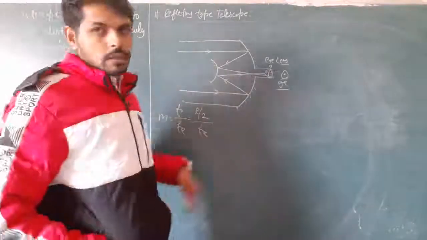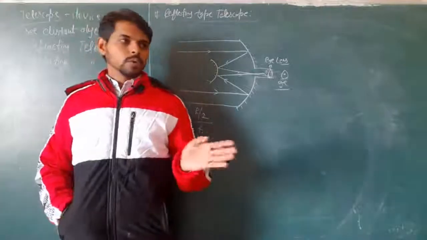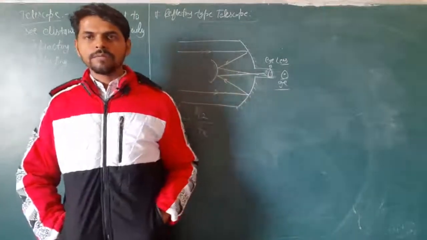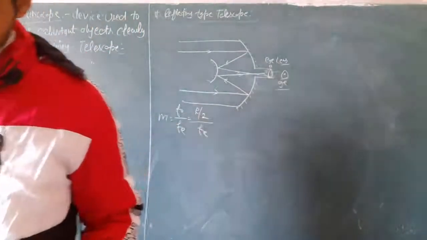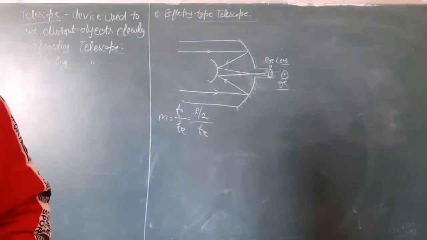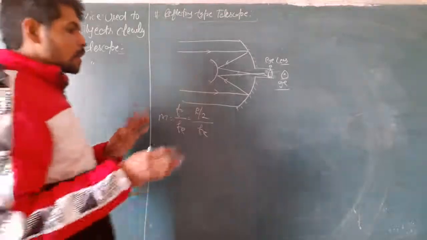Suppose you are looking at a star in the sky which is very faint, and you want to look at the image of that faint star with more brightness, so you can use a reflecting type telescope. And mechanical support is much less of a problem, since the mirror weighs much less than a lens of equivalent optical density.